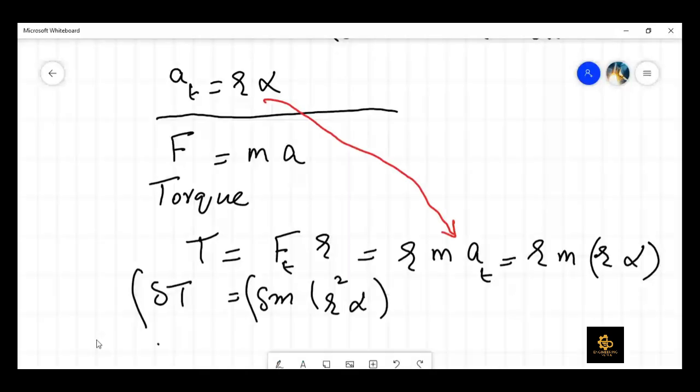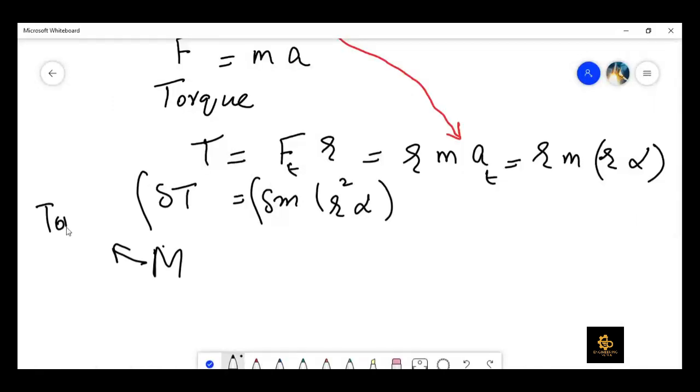That torque, in the book, we call it moment and also torque, would be equal to the integral of R square alpha delta M, right?